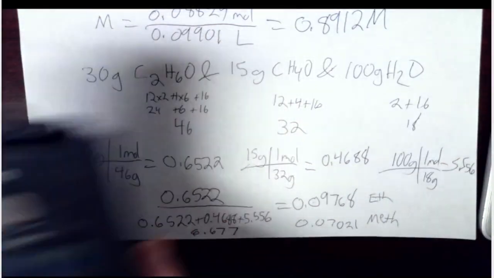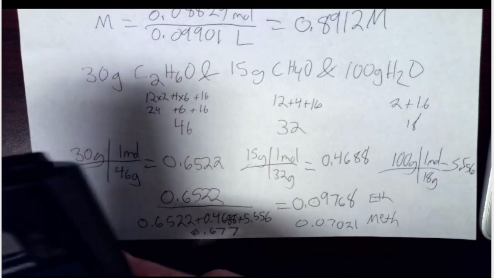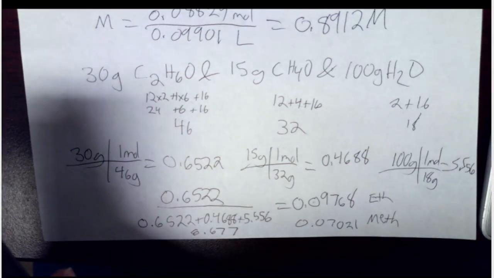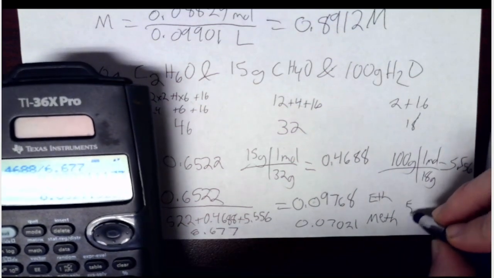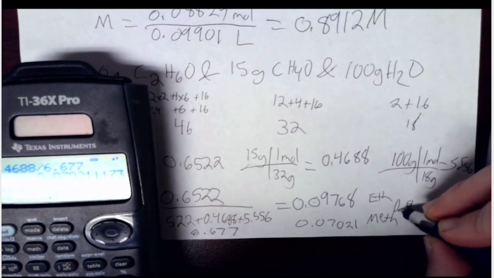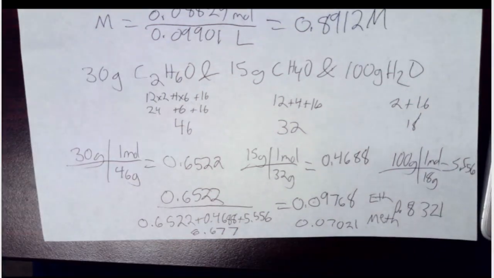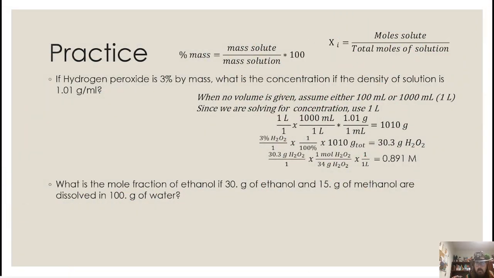And of course, water with 5.556 divided by 6.677 would be something close to 0.8321, like almost 83% of the moles. So it's taking up the majority of the mole fraction.